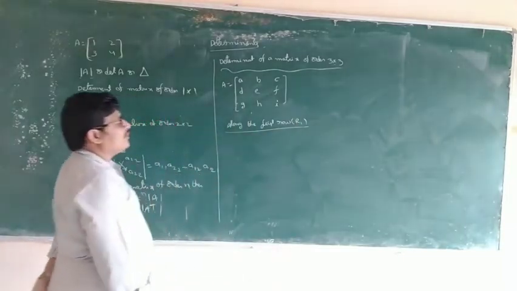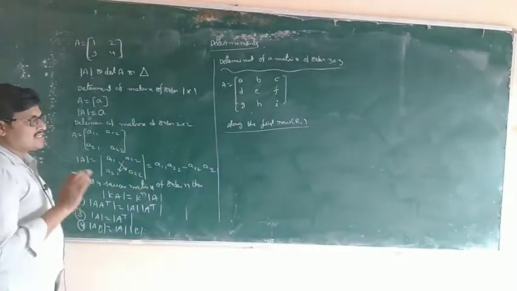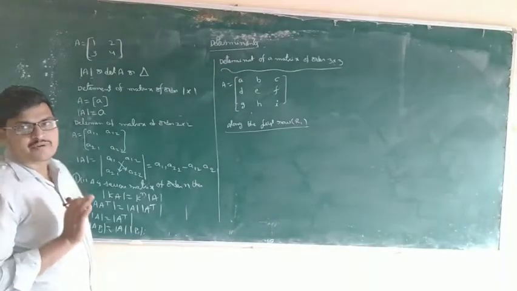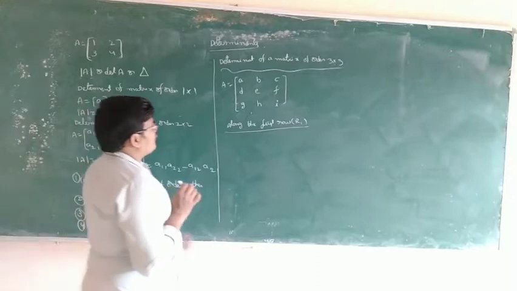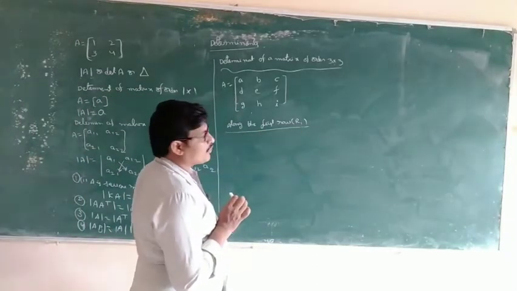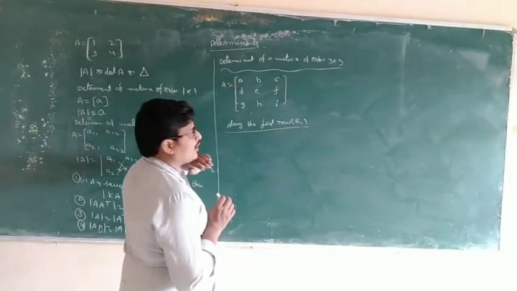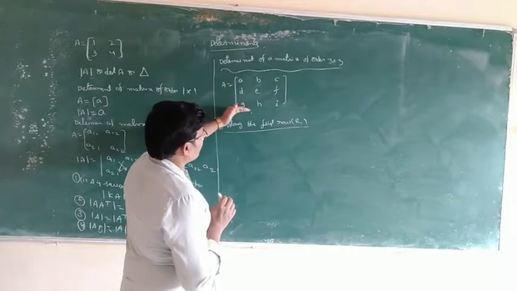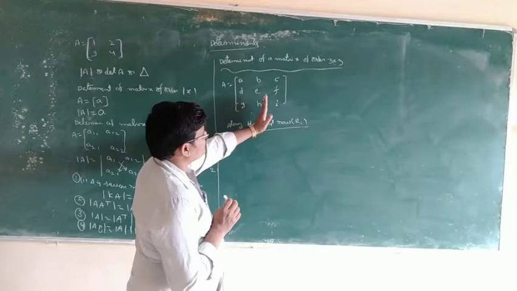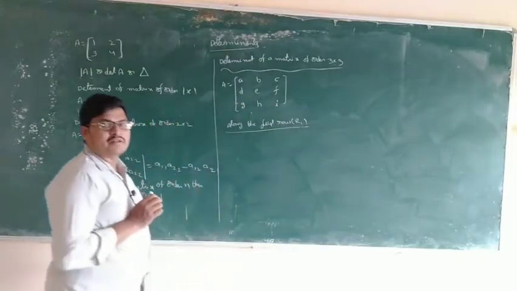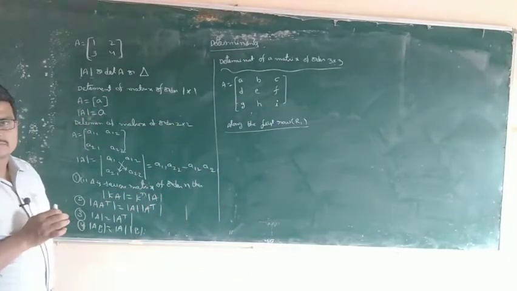The determinant of a 3 by 3 matrix can be found in 6 ways: using row 1, row 2 or row 3, or column 1, column 2 or column 3. Any one we can choose.